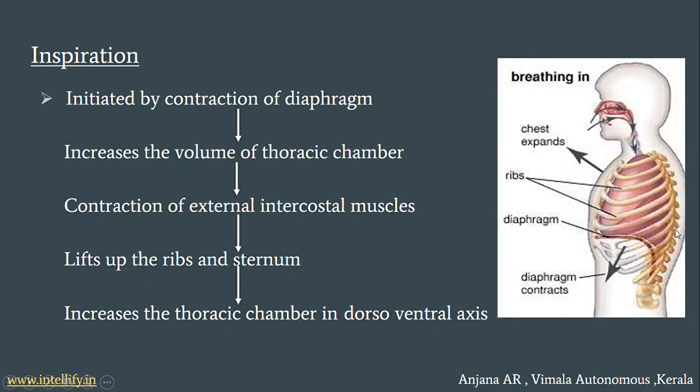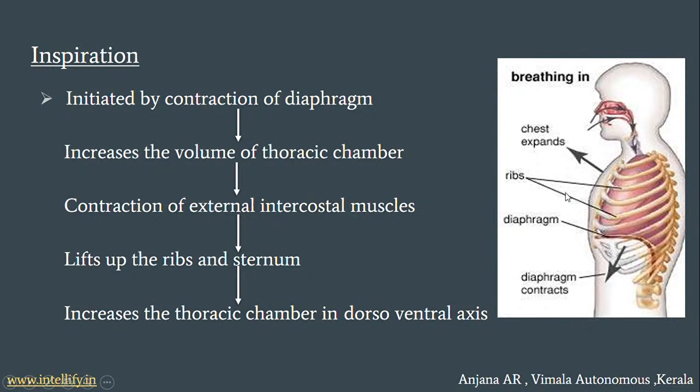We can see it here, and this leads to the contraction of the external intercostal muscles, the muscles present between the ribs. This leads to the lifting up of the ribs and sternum. This is the ribs and this is the sternum.